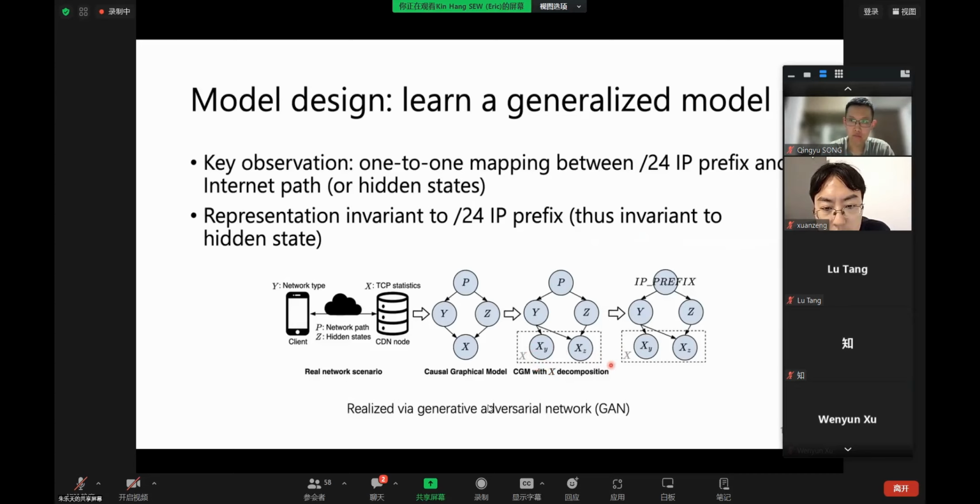We create a model based only on features XY for model stability, which is not affected by the hidden states Z. We construct a decomposed causal graphical model, CGM, and tease apart the impacts of network types Y and hidden states Z on TCP statistics X by leveraging the one-to-one mapping between network paths and IP address prefixes observable on CDN servers. This ensures a stable model that maps X to Y while invariant to Z, the hidden state. We can achieve this by integrating this decomposed CGM into a generative adversarial network, GAN.